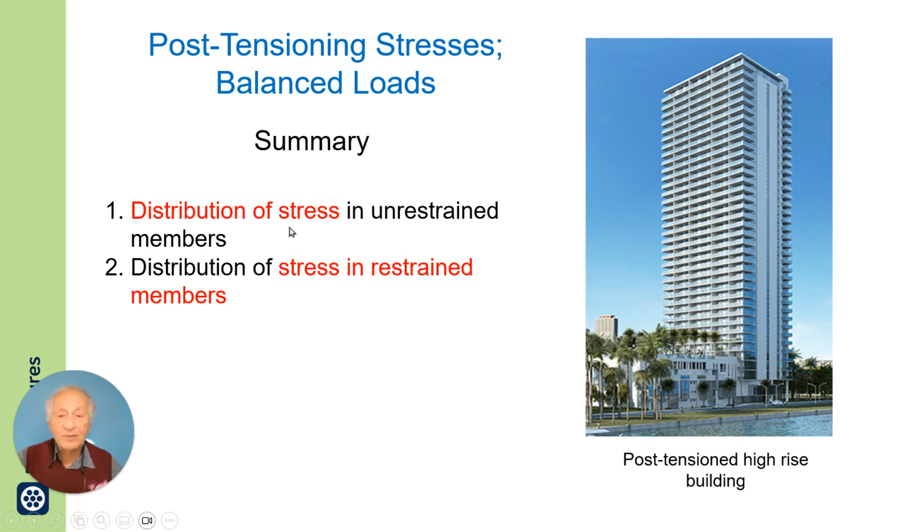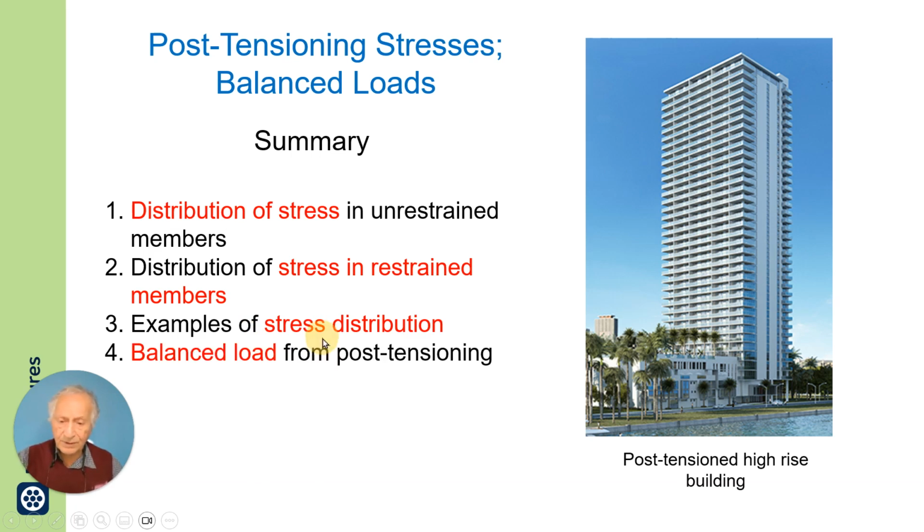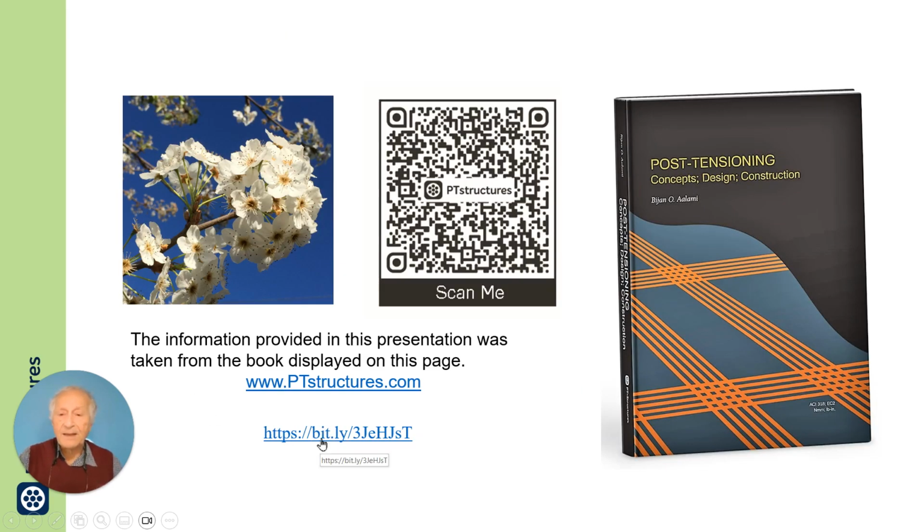In restrained members, you have a bending moment which adds to the axial. And then I gave you some examples of the distribution. Then we talked about balance loads and examples of balance loads. That brings me to the conclusion of this presentation. Thank you.